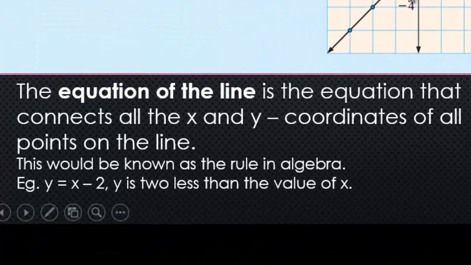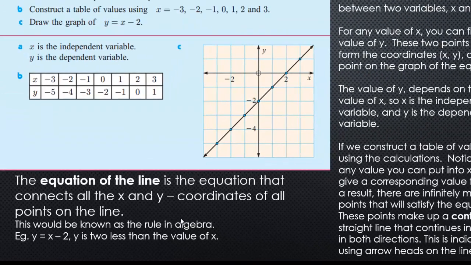Okay? So it connects all of the points on this line. In algebra that we did at the beginning, we would call this the rule. Or if y equals x minus 2, y then is 2 less than the value of x. Whereas in algebra we would say y is 2 less than the number.